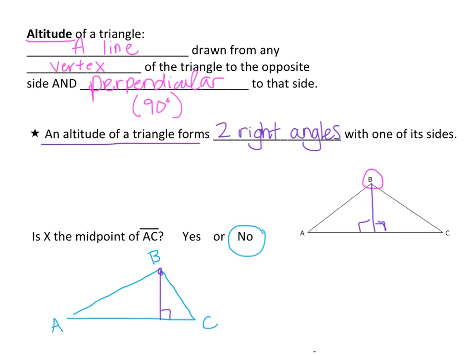It's not in the middle of this side. So there's an example where it's not the midpoint. But let's say that we labeled that an X right there. BX is the altitude. Same thing up here. If we labeled that an X, then BX is also the altitude.